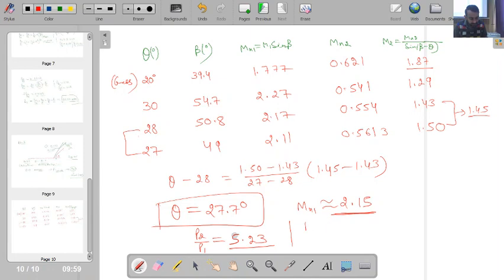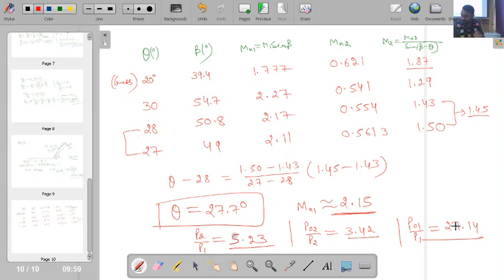So for that, first I need to calculate P02 by P2. Okay, P02 by P2 is coming out to be 3.42. Do you know how to calculate this? This is very simple now. Similarly, P01 by P1, if I calculate, is 27.14.